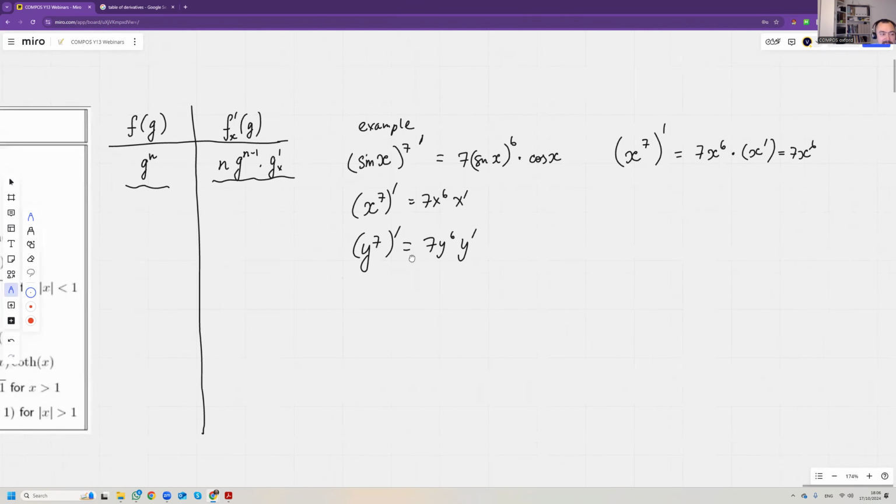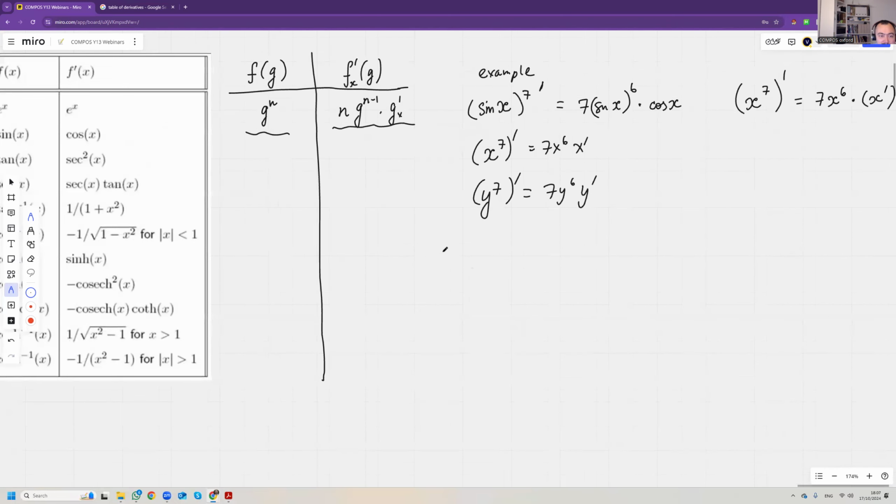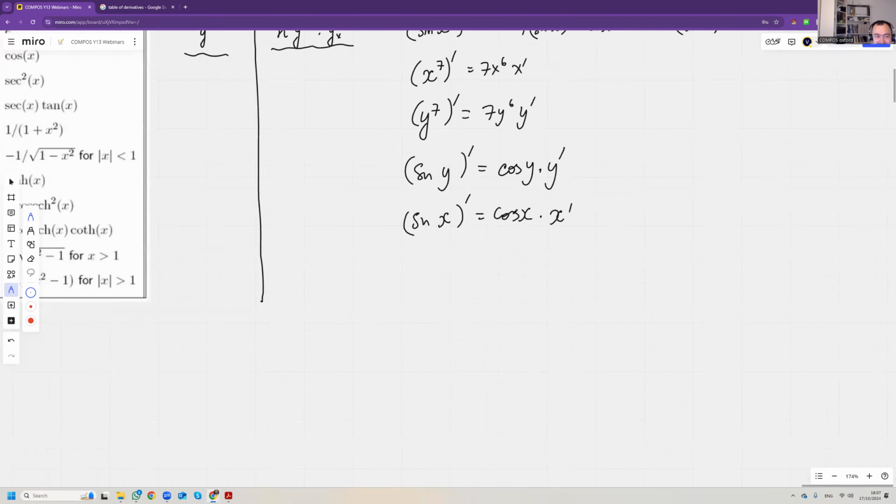Etc. If you're doing sine y, the derivative is going to be cos y times y prime. Because as a matter of fact, the derivative of sine x is cos x times x prime. But x prime is 1, so you don't write it.